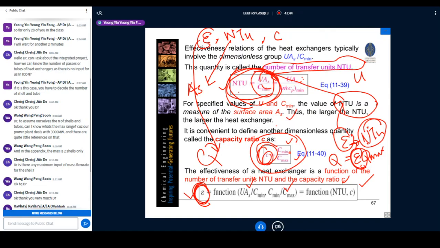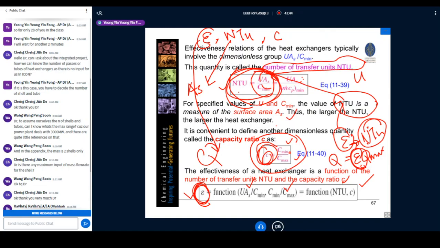You will have different equations to use, or you can get the NTU value by using the correlation as well. Okay, so these are all the equations for the respective types of heat exchanger. Either you want to calculate the NTU, or you want to determine the effectiveness. Okay, so these two tables can be used.